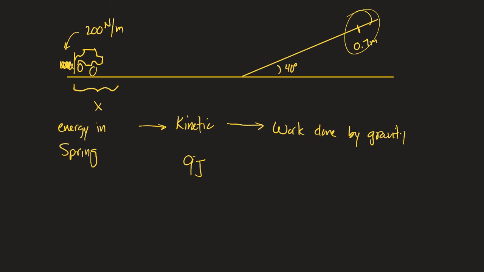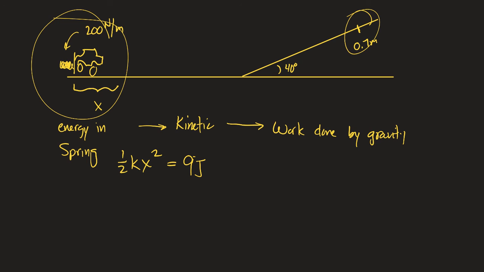And I can state that this has to be the energy that is in the spring. I am accounting for the energy. I'm trying to trace where the energy was going. So right now, the energy is between the car and the spring. If I release the car, the spring is going to give that energy to the car. How much? 9 joules.